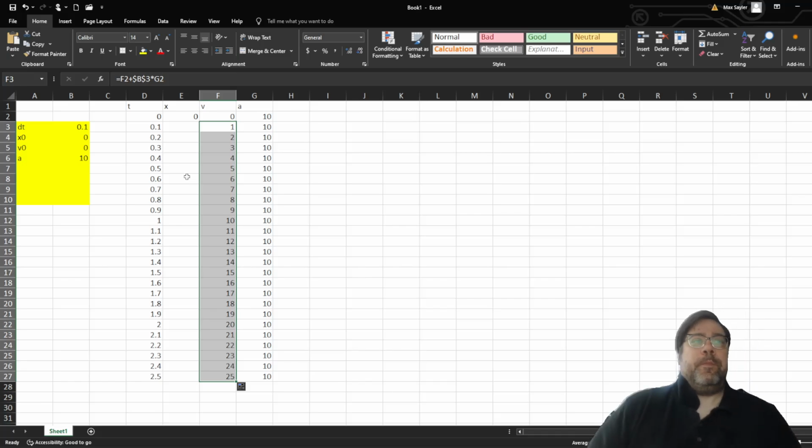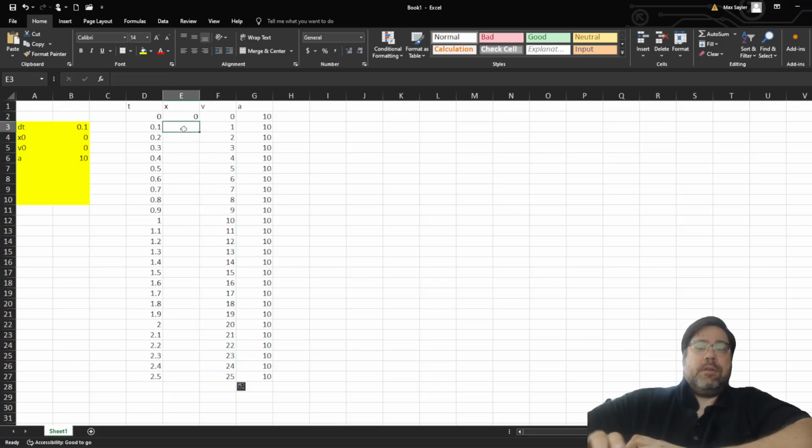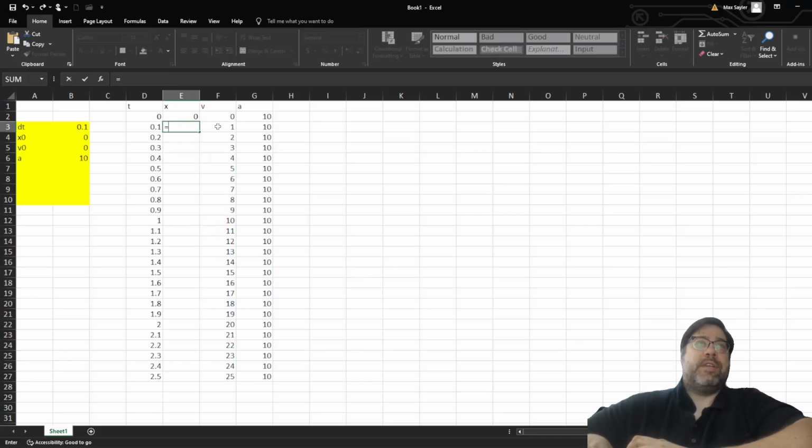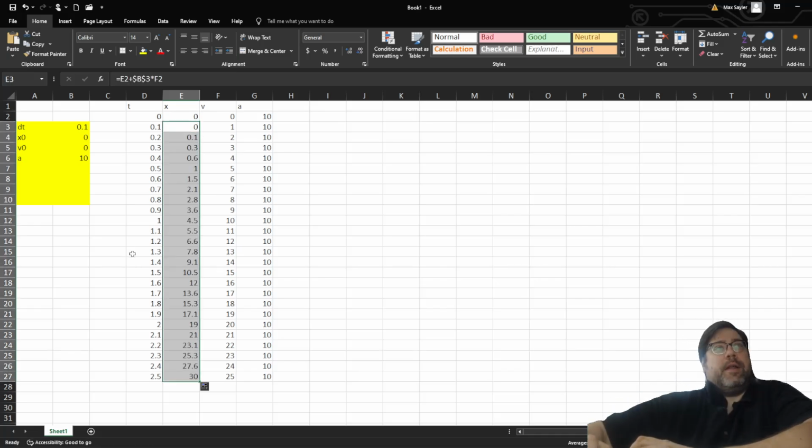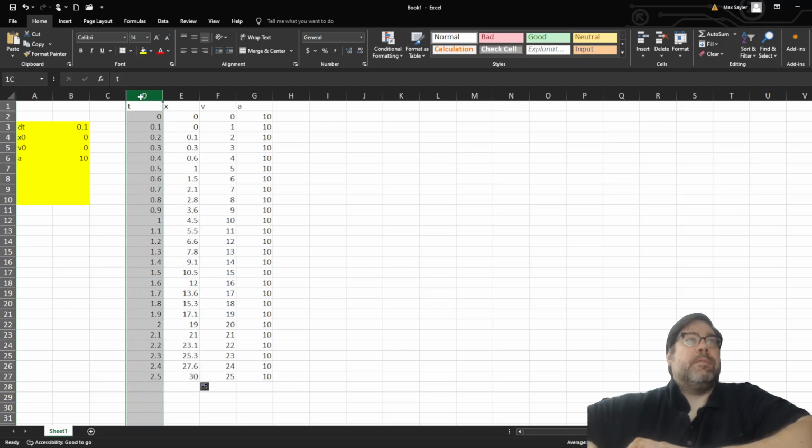So what about our position? Well, our position is basically the same idea. I could even just copy this over, but I'll show you how to do it. Our position equals our old position plus delta t, again with a $ sign, times the old velocity. All right, so let's go ahead and look at some of these.